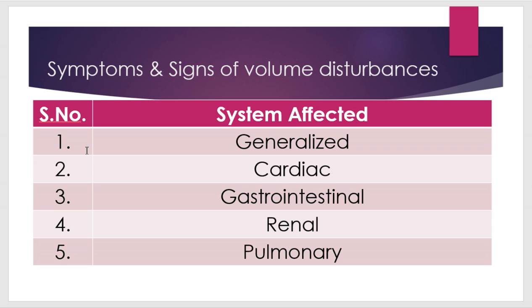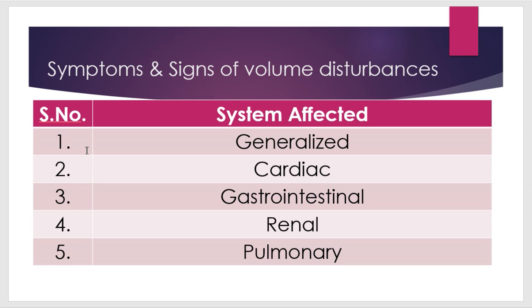Usually the commonly affected systems are: the patient may present with generalized symptoms, which we'll discuss. The patient may also have some cardiac symptoms. There are various symptoms, and we have grouped them together in the form of common symptoms related to these systems.